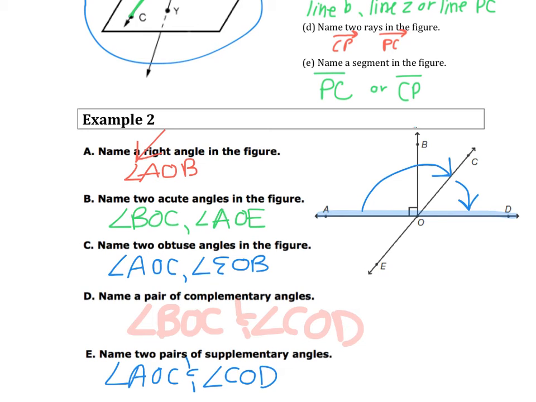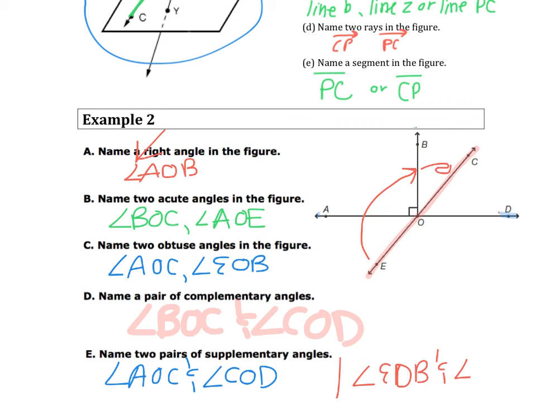Now let's do the same with the red. That was the one I wanted to use. So that's a pair. A pair, like a pair of socks, you needed two of them. So then here's the second one. I'm going to do EOB. And how would I finish EOB? Well, it needs to add up to 180: BOC.